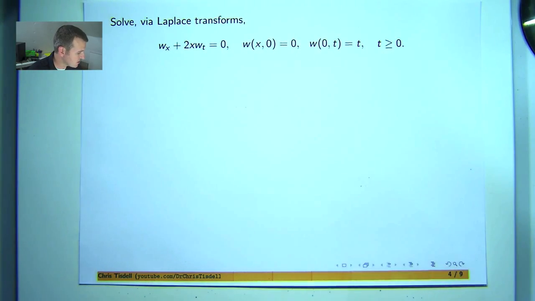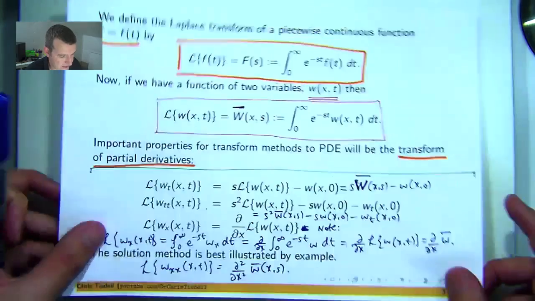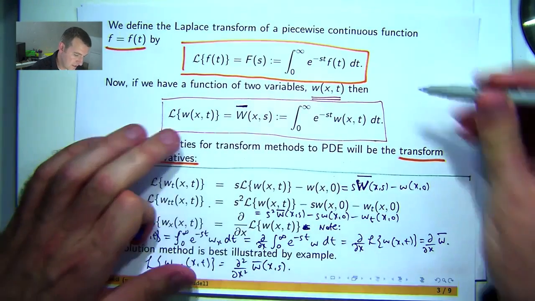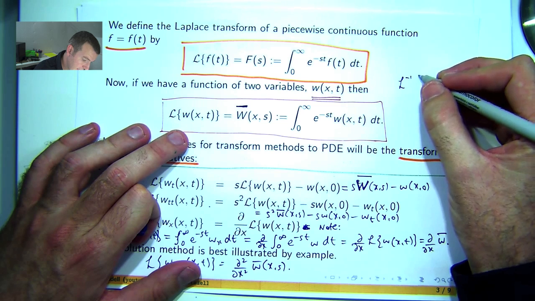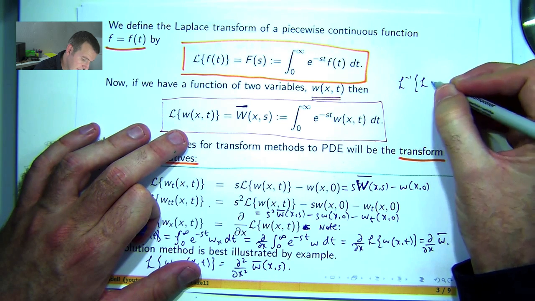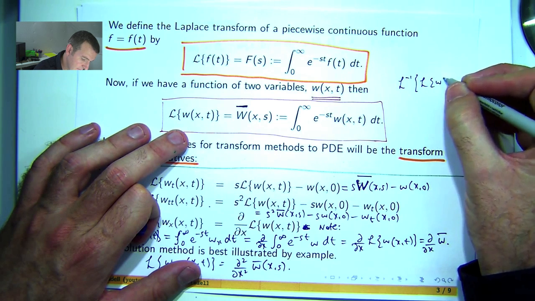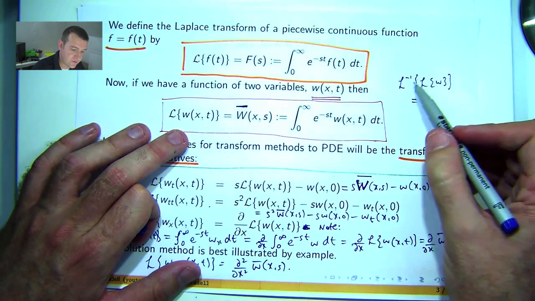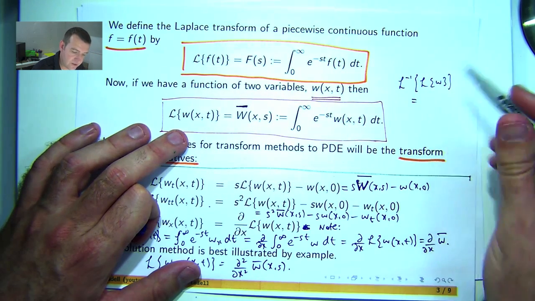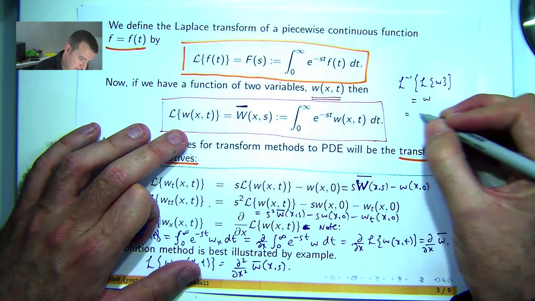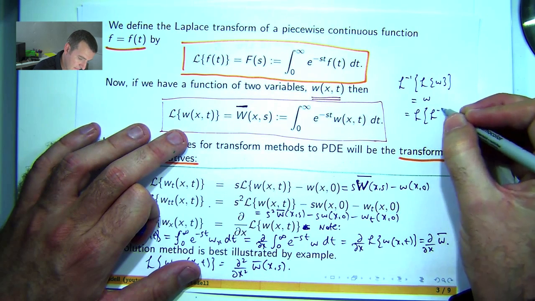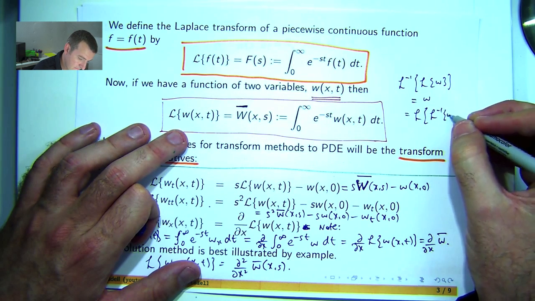Now just to mention, the inverse transform is an operation that undoes the Laplace transform. So if I transform something and take the inverse transform, I get what I started with, and you can switch it around.